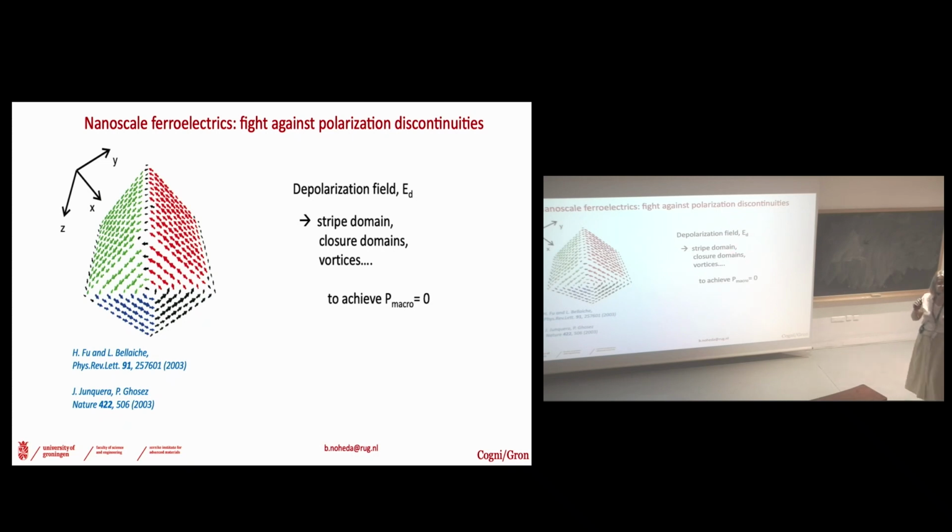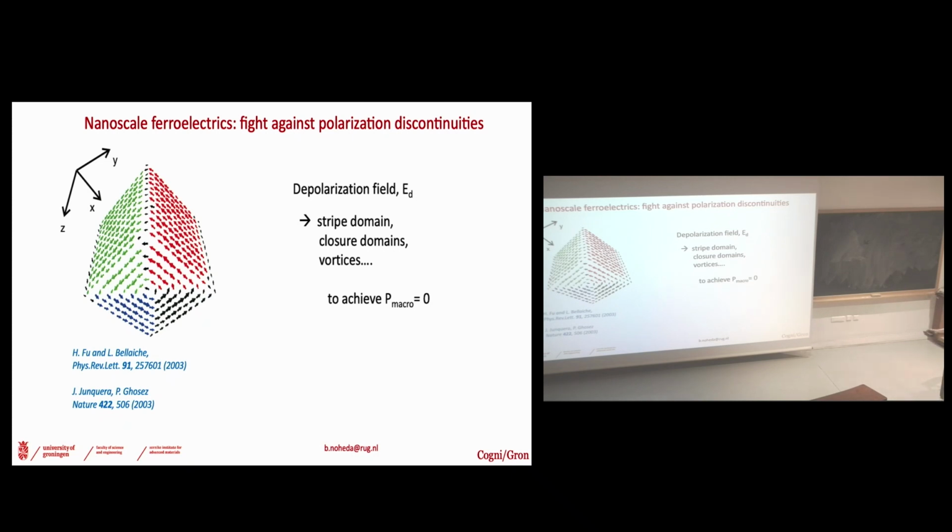So you try to create a stripe domain so that the total charge at the surface, at the interface, is 0. Or if you have even dots or smaller objects, then the polarization can actually curl and find all kinds of creative solutions to try to avoid that there is a discontinuity of the polar vector at the interface.